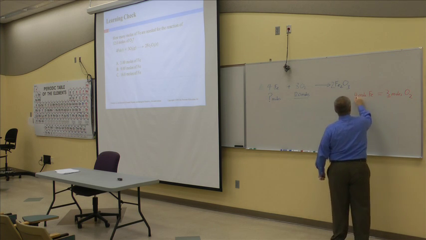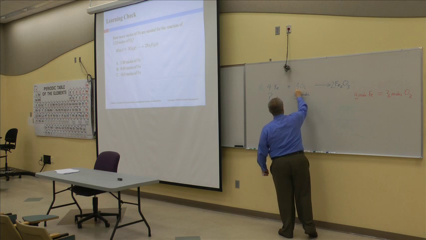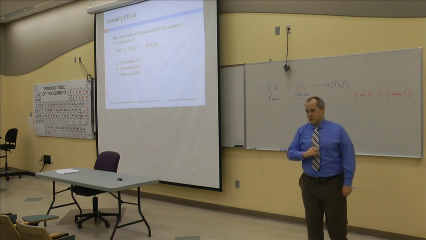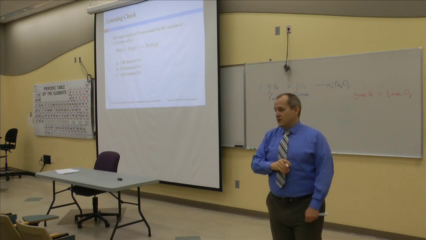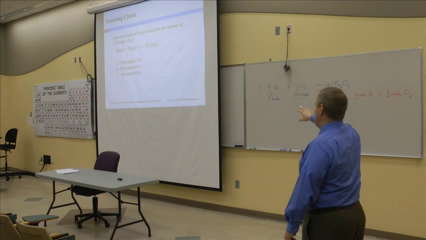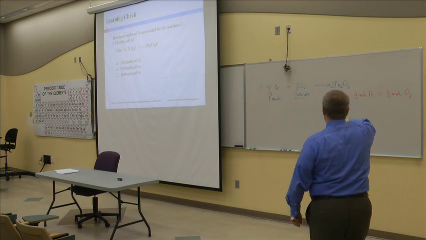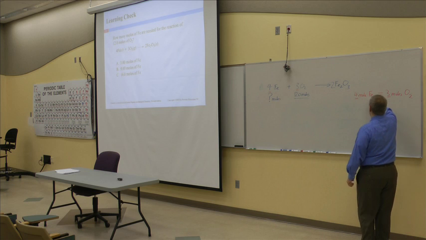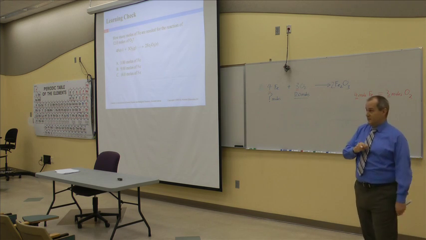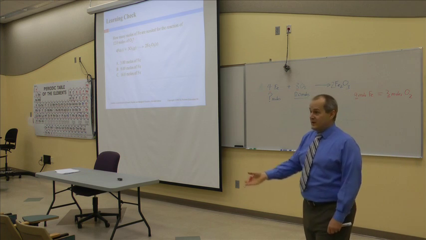These numbers I got right from the equation. Just read the equation. So 4 moles of iron equals 3 moles of oxygen. That's an equality, which can be converted into a conversion factor.